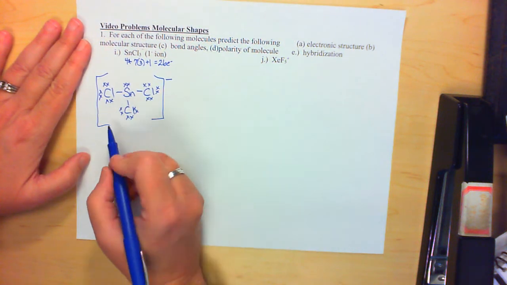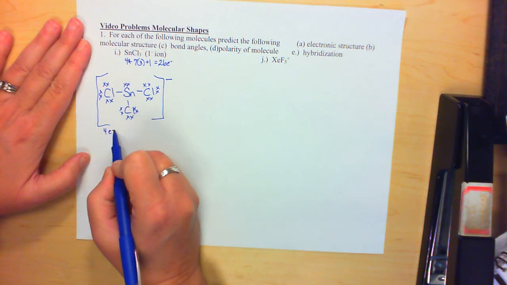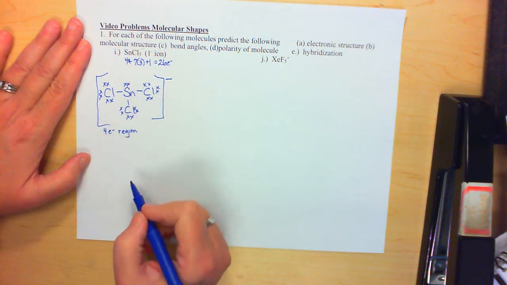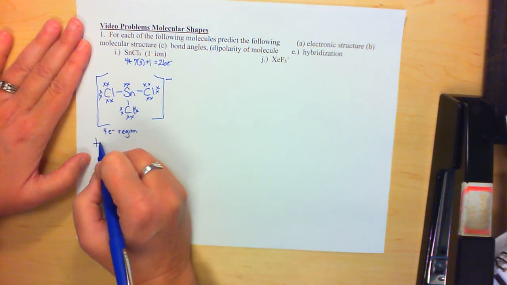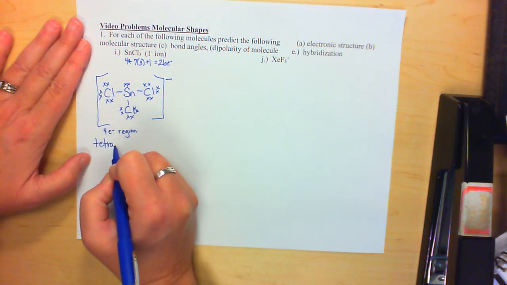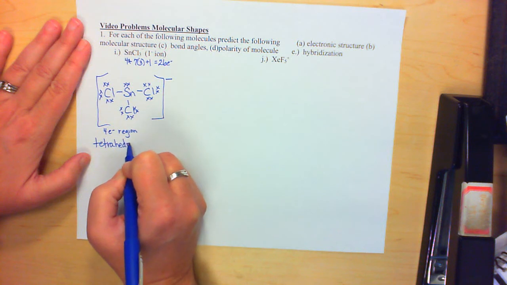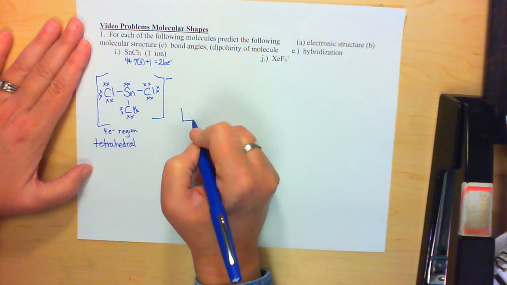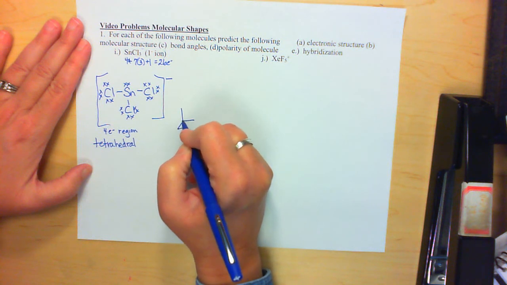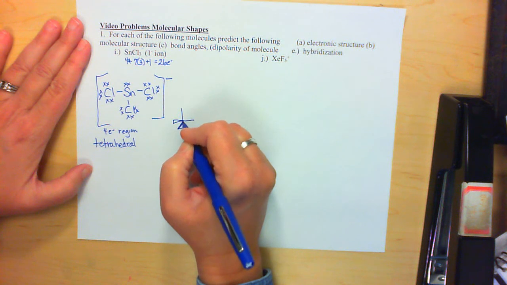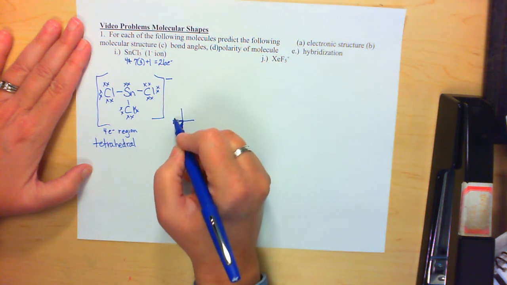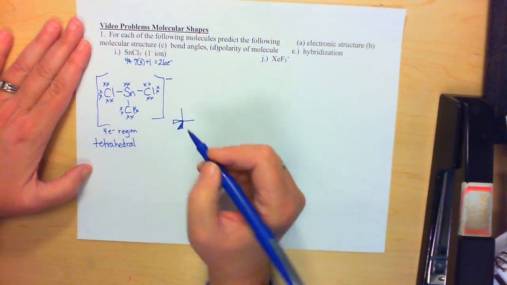Alright, so that brings us to 4 electron regions, 3 bonding, 1 non-bonding, so that means we're tetrahedral electronically. Now, molecular wise, remember when we do our structures, these are in the plane, this one's going back and this one's coming out.